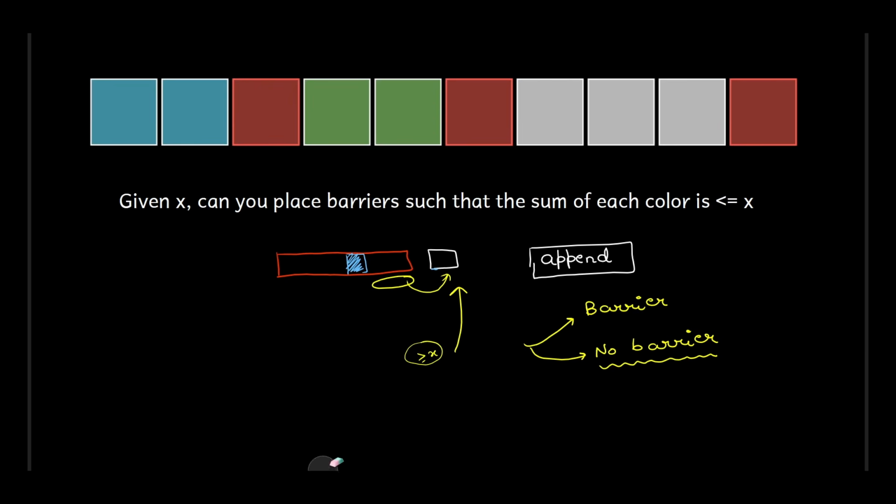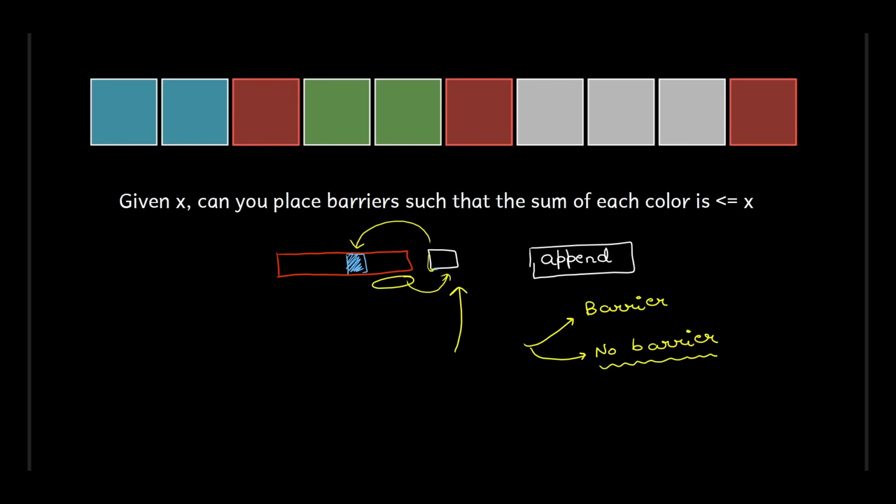It could exceed. So not taking it as a barrier might not always be valid. So what do you need to remember? Here you can see that you need to remember the last position of the barrier that you have placed, so that you can figure out whether you can place this element as a non-barrier or not.